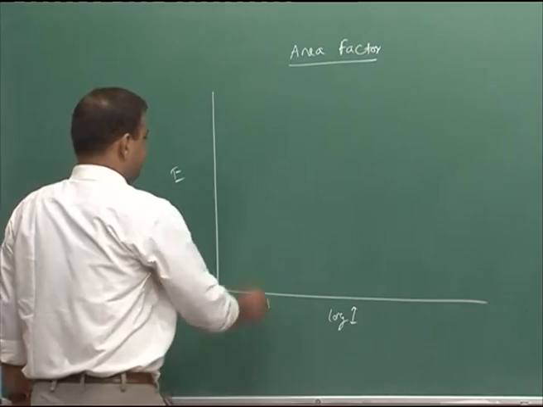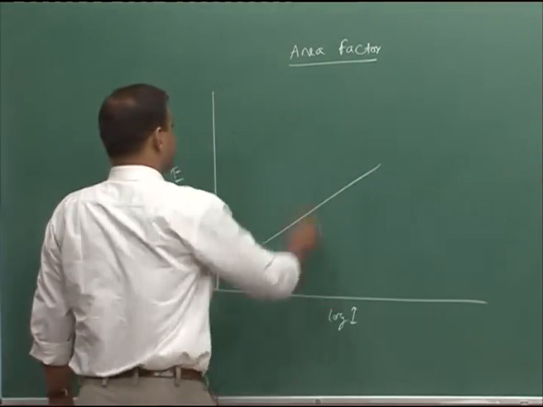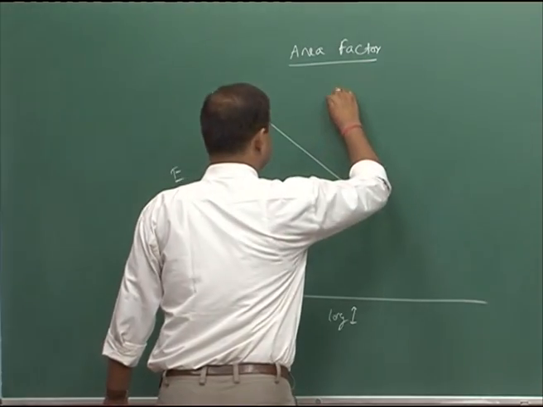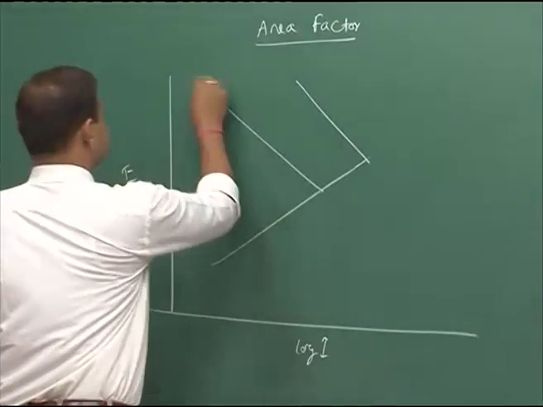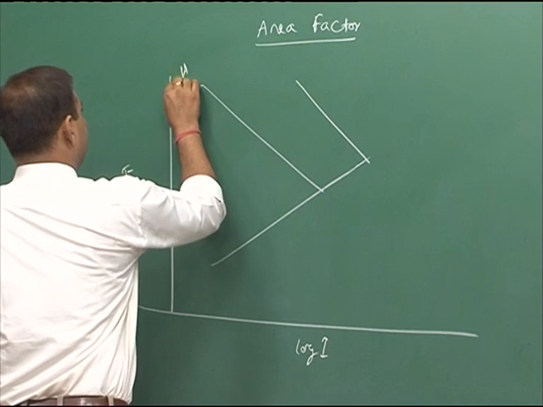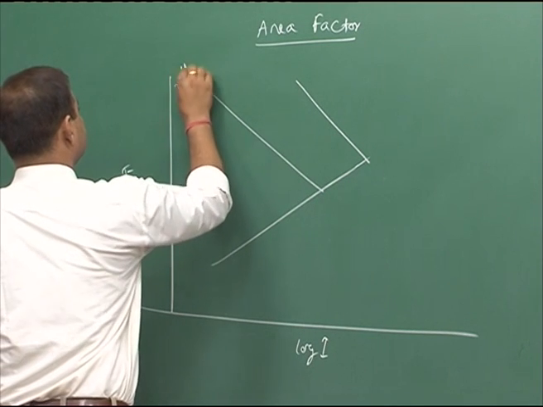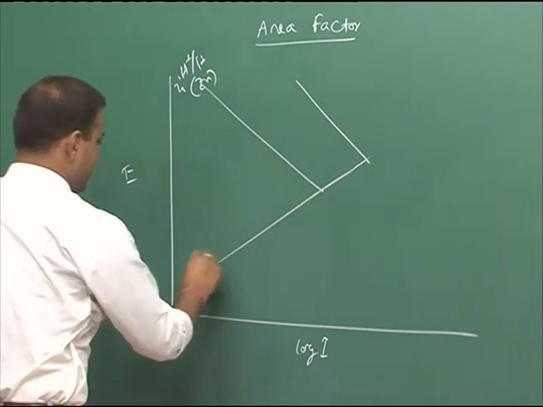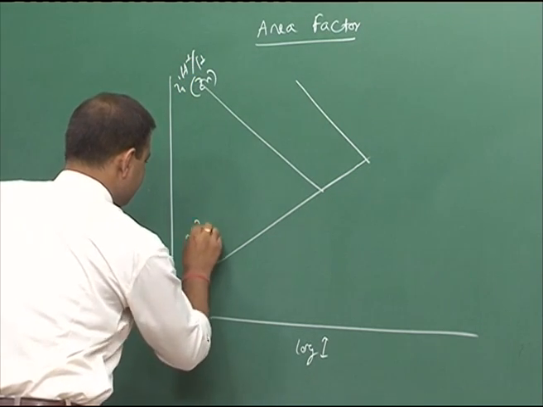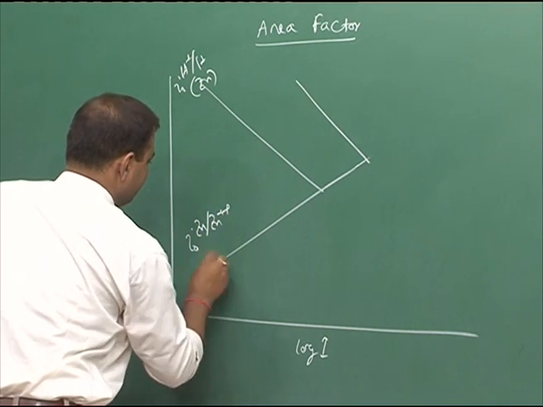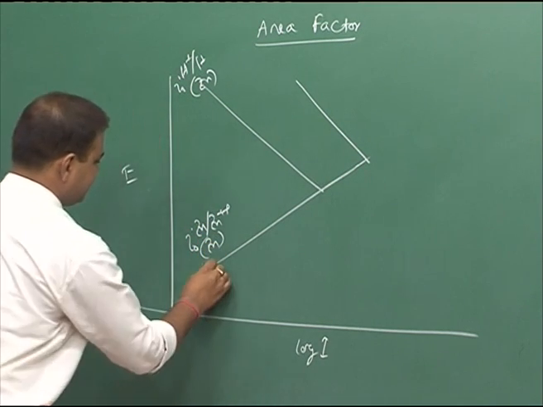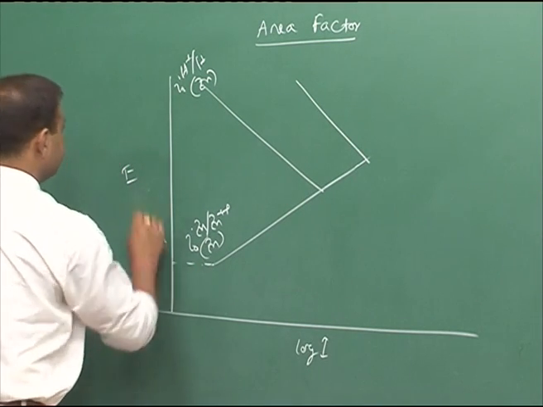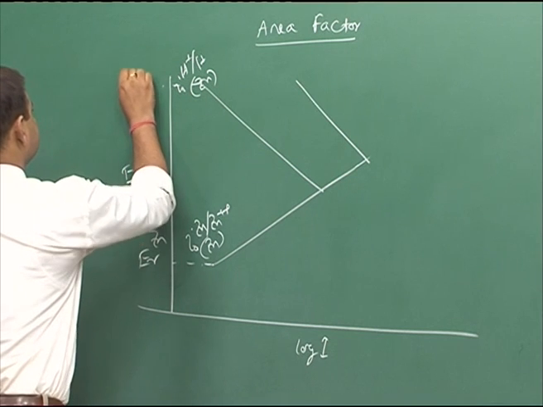Now, if we plot mixed potential theory, we will see that if zinc and platinum have the same area, this is basically I0 hydrogen on zinc surface, and this is I0 of Zn2+ on zinc surface, this point, and this is let us say E reversible of zinc, this is E reversible of hydrogen.